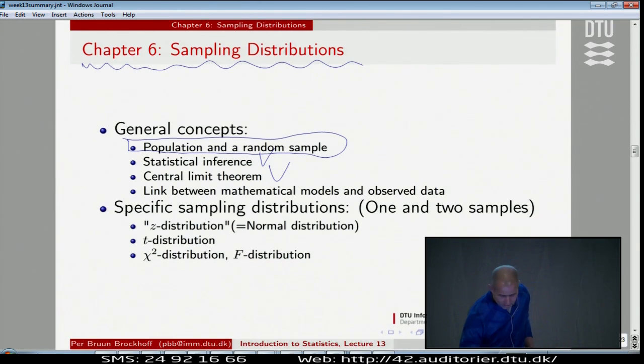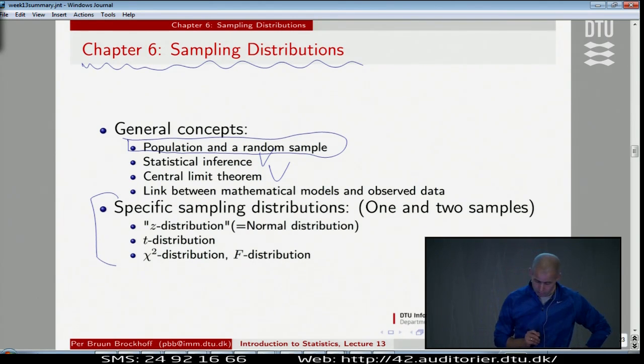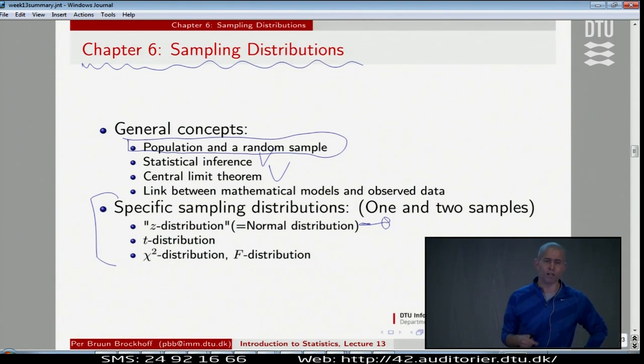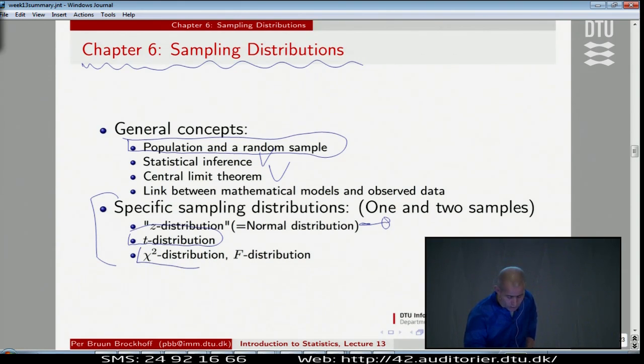However, we met 3 specific sampling distributions there. We met the normal that can be used, as I've said, sometimes as the sampling distribution due to the central limit theorem, or if we know the variance, or there are certain situations where the normal may be used. Other sampling distributions often used are the t distribution, the chi-square distribution, and the f distribution.